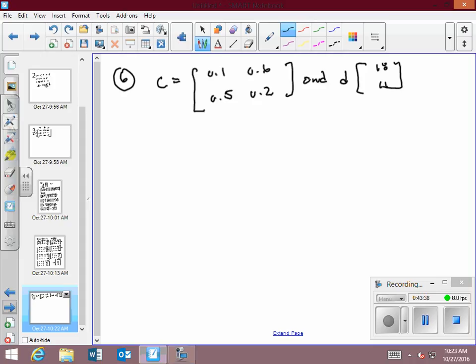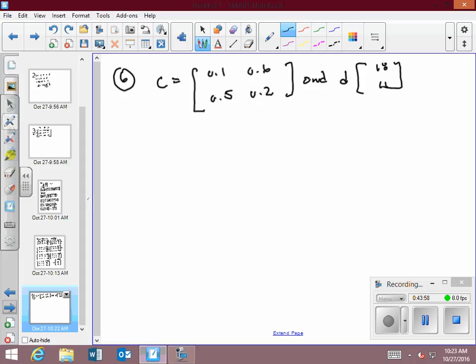So they're saying use inverse matrices to determine the production level necessary to satisfy the final demand. So this one is using the inverse matrices, not augmenting the matrix.